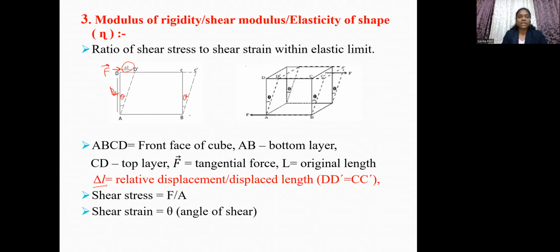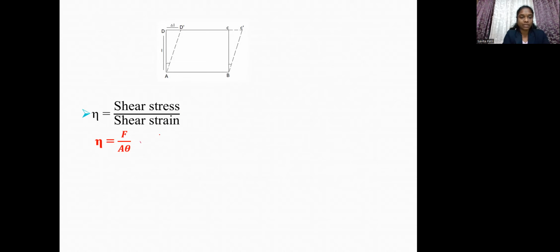So let us write the equation for modulus of rigidity, as it is the ratio of shear stress to shear strain. On substituting the equations of shear stress and shear strain, we get the equation for modulus of rigidity equal to F upon A theta.